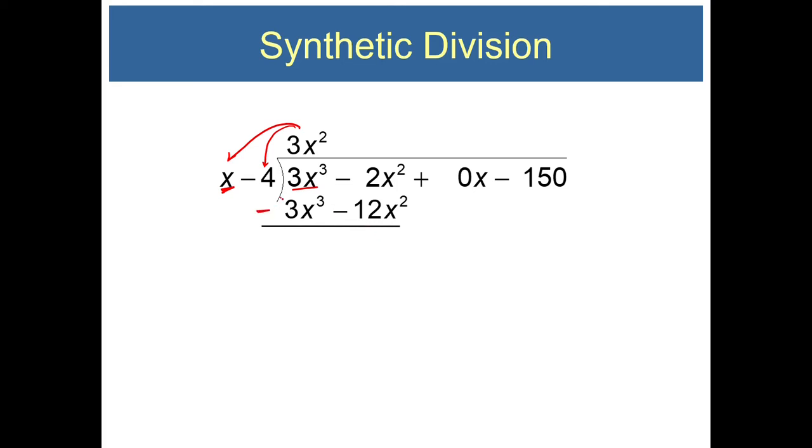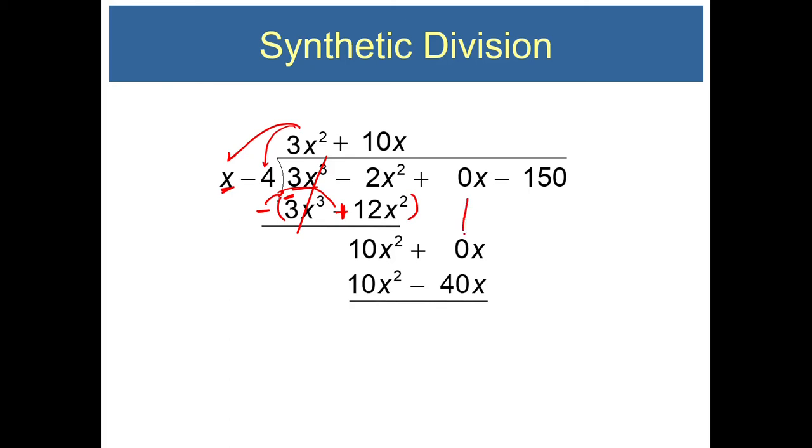We're going to distribute a negative, and 3x cubed minus 3x cubed cancels out. The negative 12x squared actually becomes a plus because of the negative, and now we can add negative 2x squared plus 12x squared. This gives us 10x squared, and I'm going to bring down the 0x.